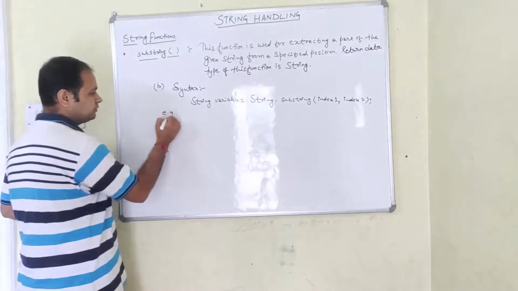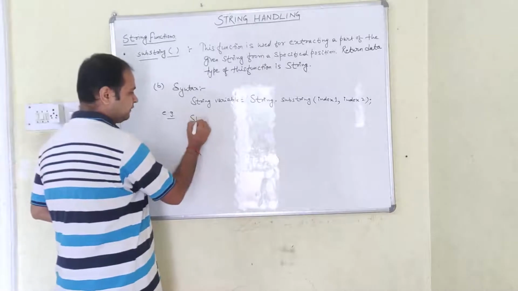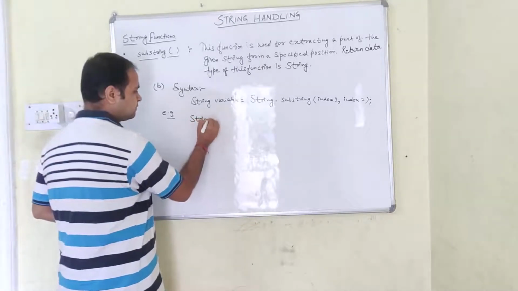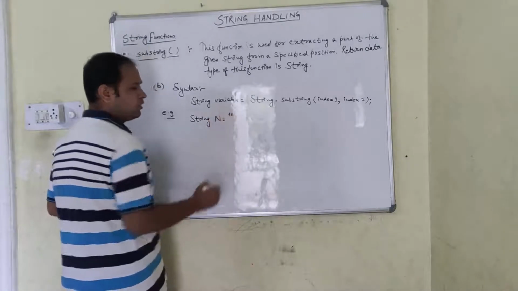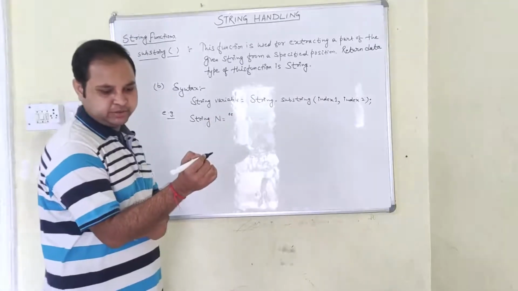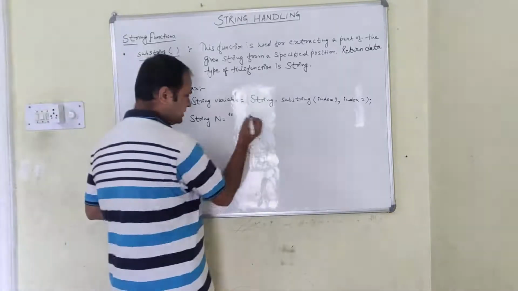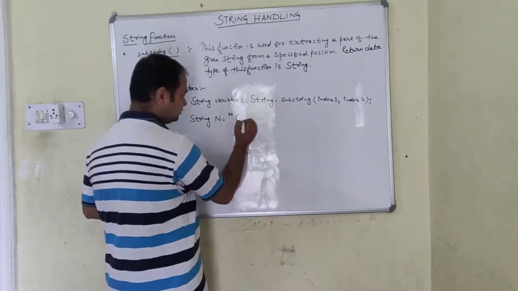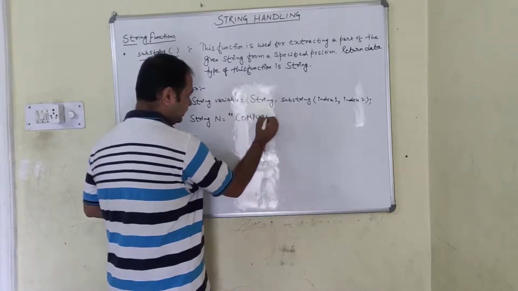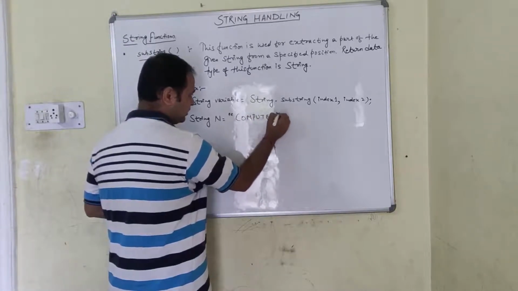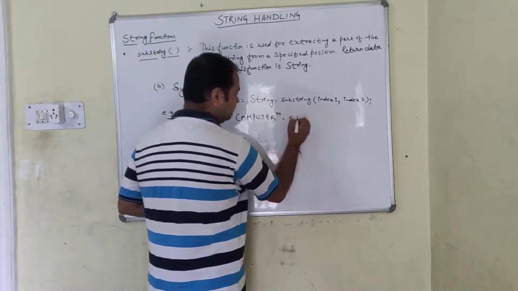For example, suppose I take String n equals, and I use the same example, computer, as a string. Now dot substring.